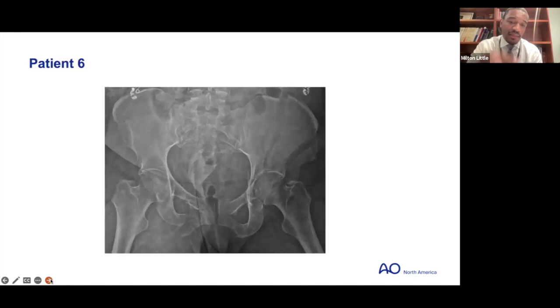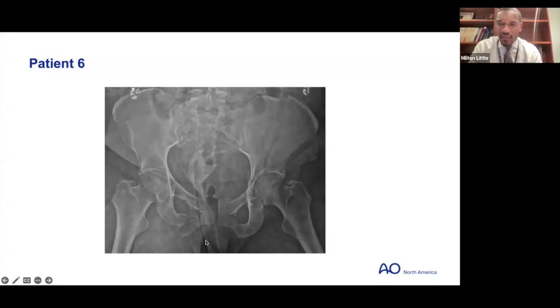And when I'm looking at this globally, I'm also paying attention to the involvement of my right-sided parasymphyseal region, both with an inferior ramus fracture, probably a superior ramus fracture. You can see that there are parasymphyseal fractures on the front of the left side as well.